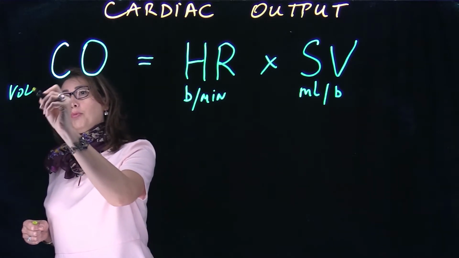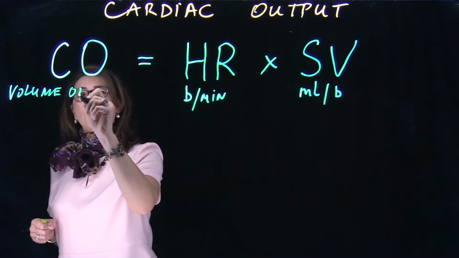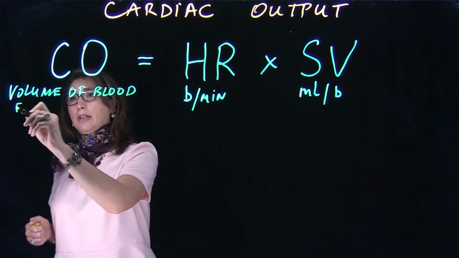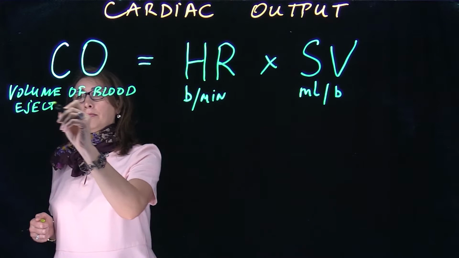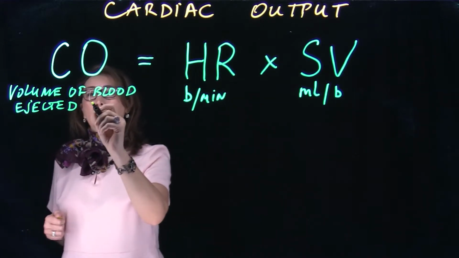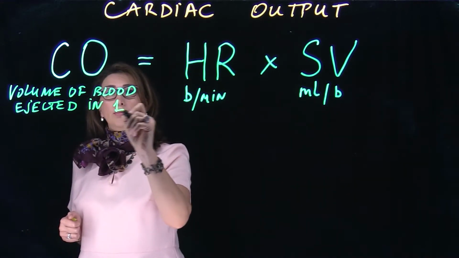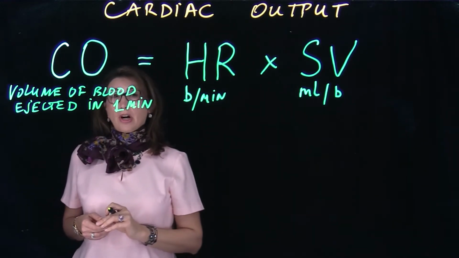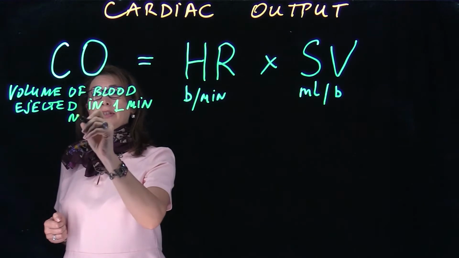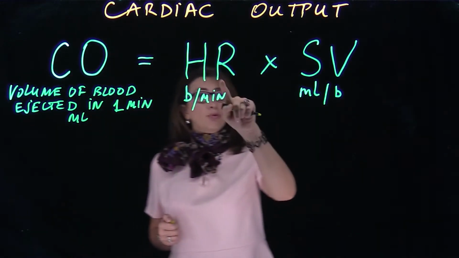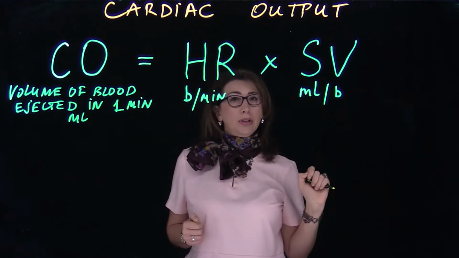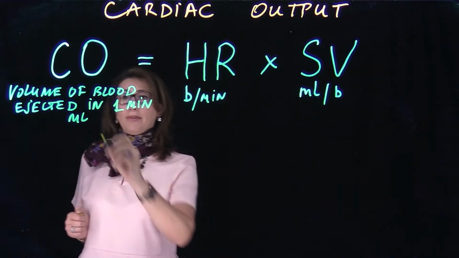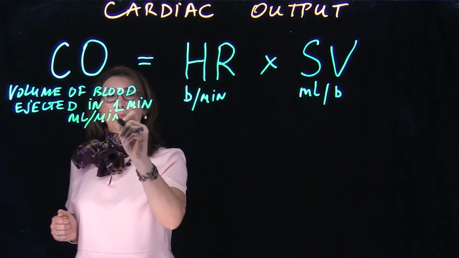So volume of blood ejected by the heart in 1 minute. We're going to measure cardiac output in milliliters per minute, right? So if we multiply beats per minute with milliliters per beat, beats are canceling out, and what we have is milliliters per minute.